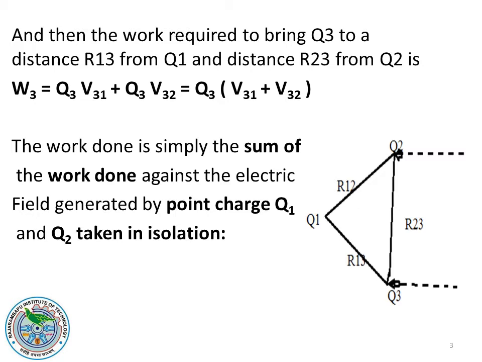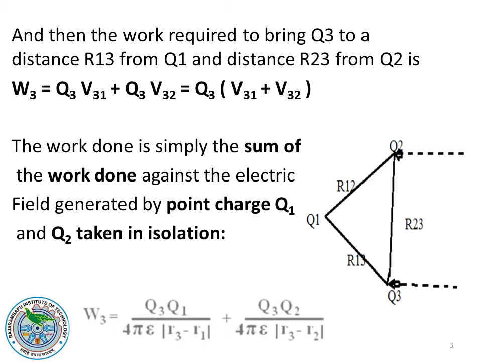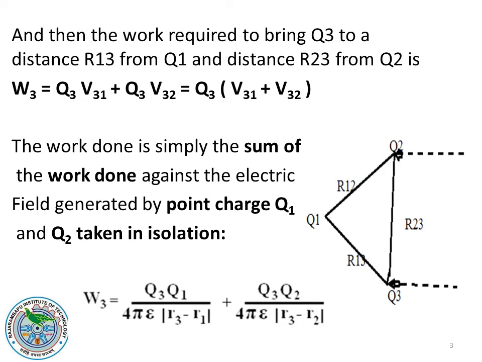The work done is simply the sum of work done against the electric field generated by the point charges Q1 and Q2 taken in isolation. Therefore, W3 is equal to Q3 Q1 divided by 4 pi epsilon |R3 minus R1| plus Q3 Q2 divided by 4 pi epsilon |R3 minus R2|.